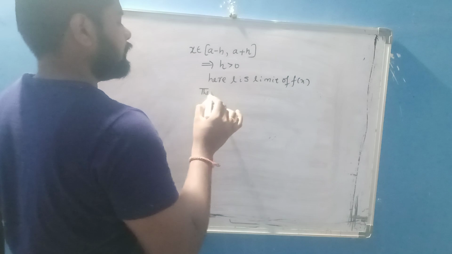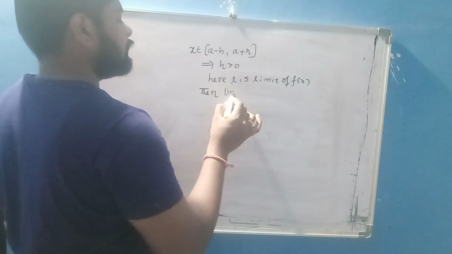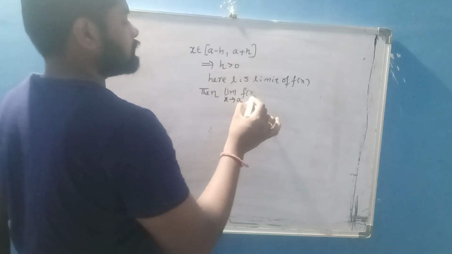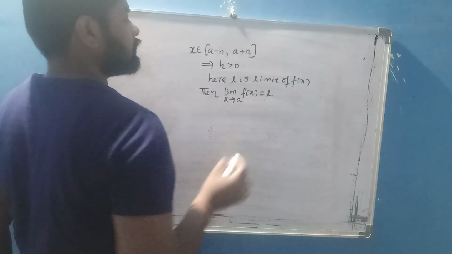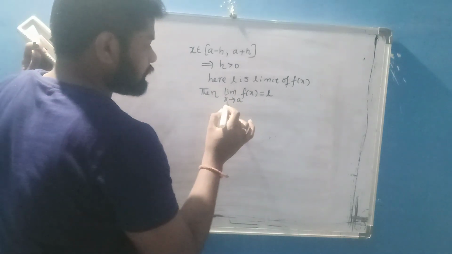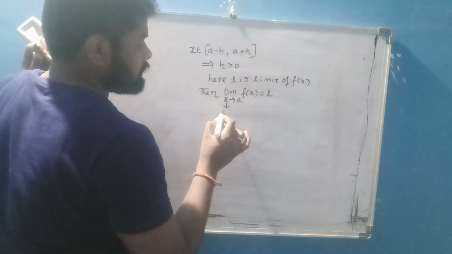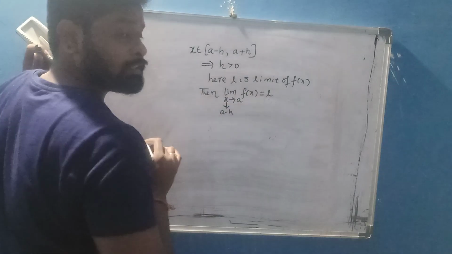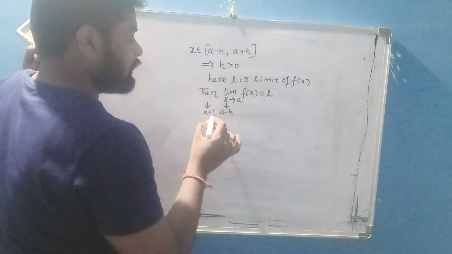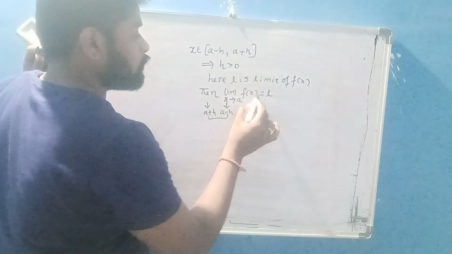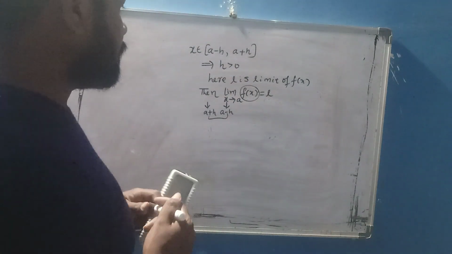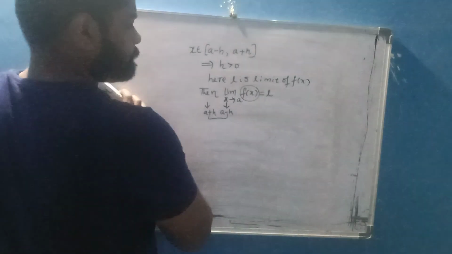Then limit x approaches a, f of x is equal to L. It is called the definition of the limit. Here x has two cases in the neighborhood: a minus h, and another case is a plus h. In a minus h and a plus h, what is the behavior of the function? That is limit.